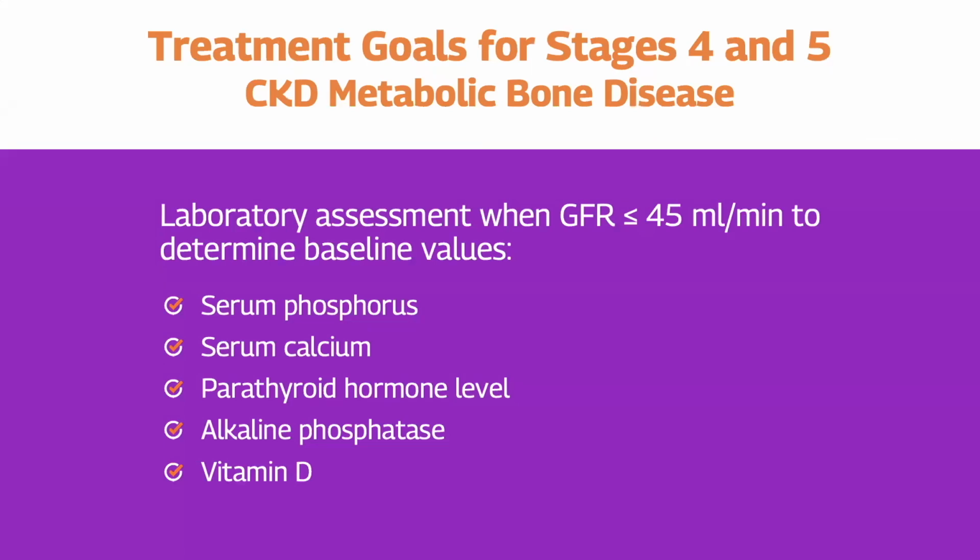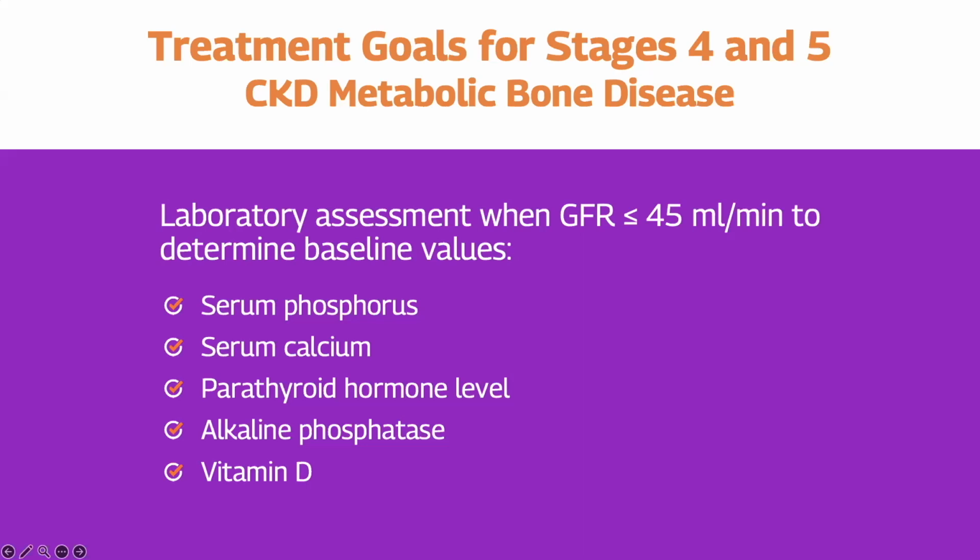As I mentioned earlier, in discussing the clinical consequences of advanced CKD, a non-traditional cardiac risk factor is going to be calcification of the patient's blood vessels and heart tissue. The suspected cause of this vascular calcification is CKD metabolic bone disease.